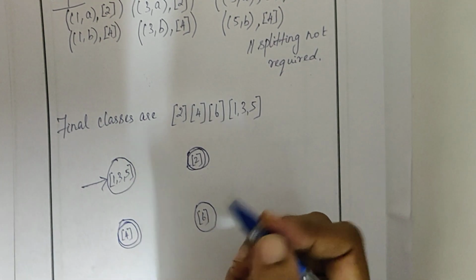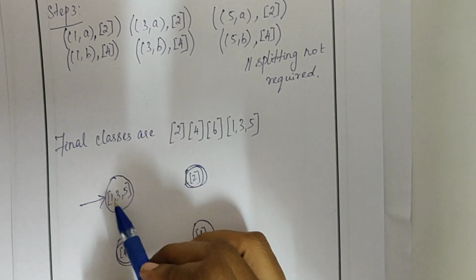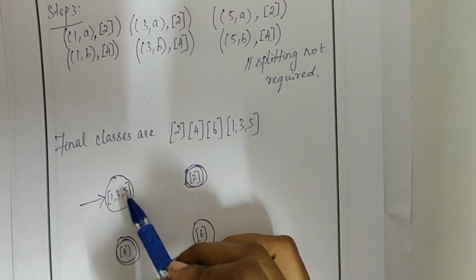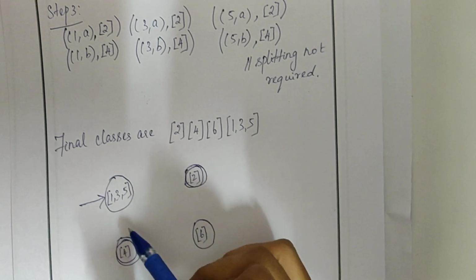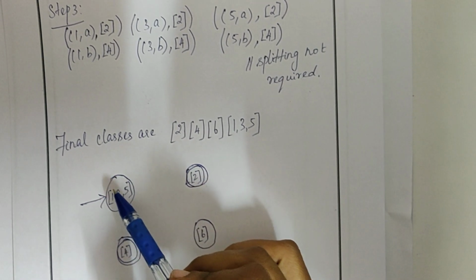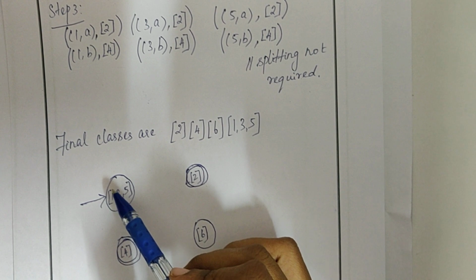Now you can check. Since all these 3 states 1, 3 and 5 are equal, you can take any one of the states and check the A transition and B transition. What is the meaning? What we are doing in this question, we are minimizing the DFA. While minimizing, equal states I'll keep together, not equal states I'll split.